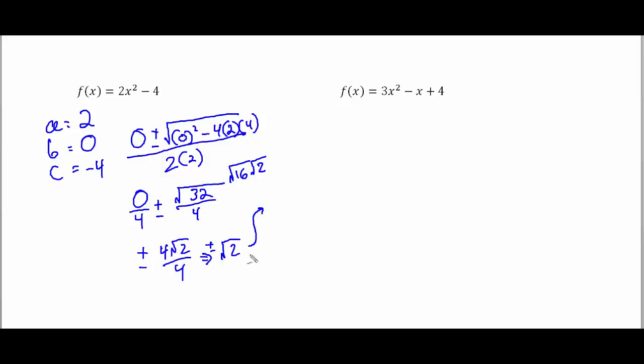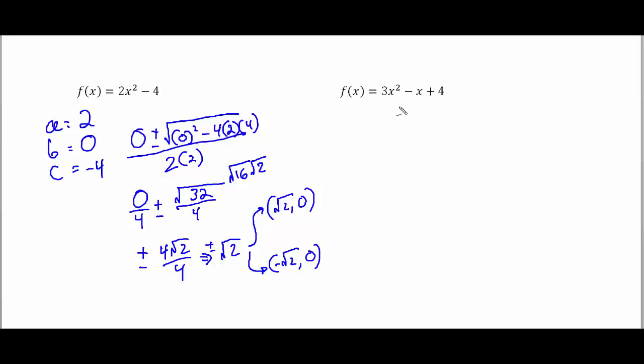Now if I split this up, the square root of 2, comma 0 is one possible answer, and negative square root of 2 is another possible answer, which is approximately 1.41 positive and negative on the x-axis.